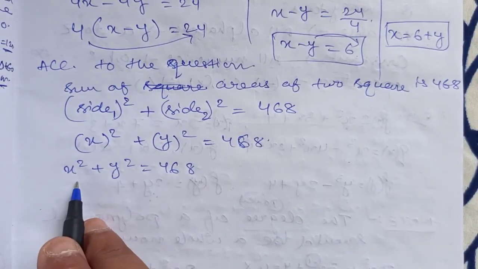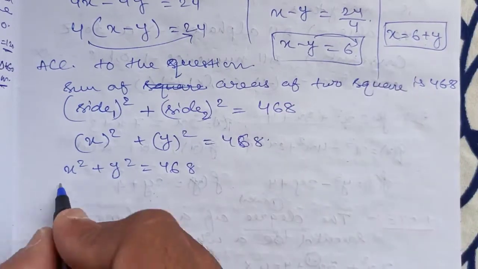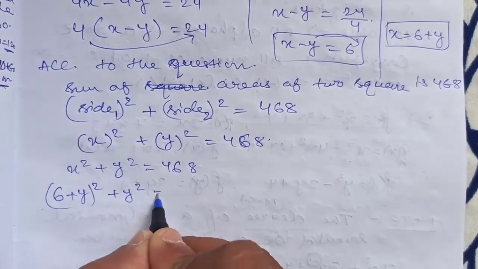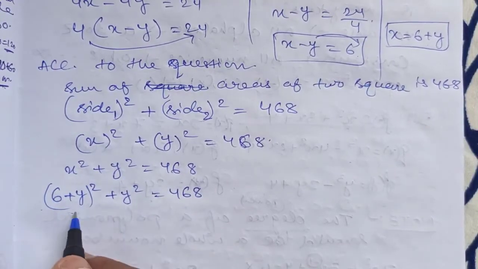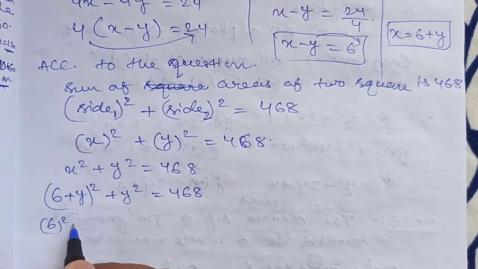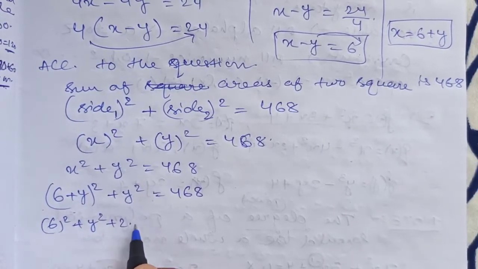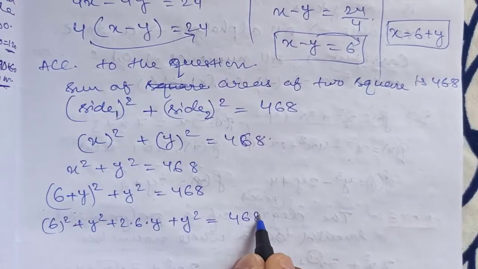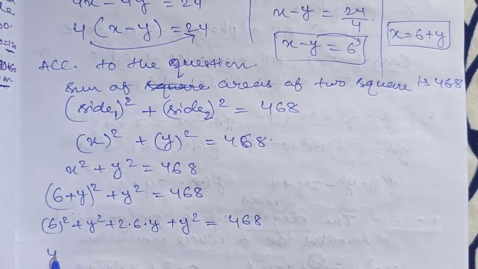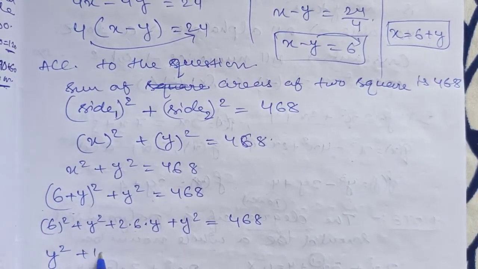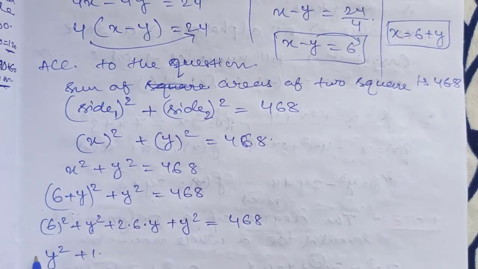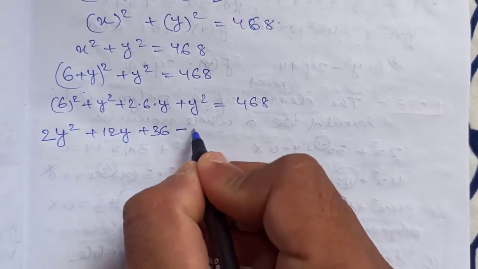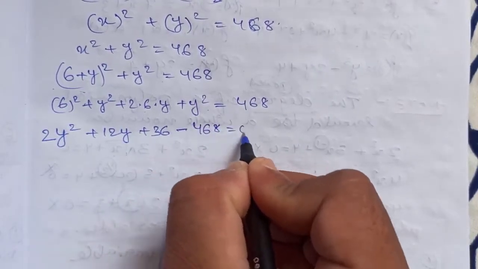Now what is the value of x we got? x is 6 plus y. So I substitute here: (6 plus y) whole square plus y square equals 468. Use the (a plus b) whole square formula: a square plus b square plus 2ab, plus y square equals 468. It will be y square plus y square, 2y square plus 12y plus 36 minus 468 equals 0.